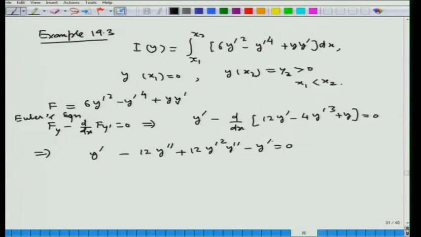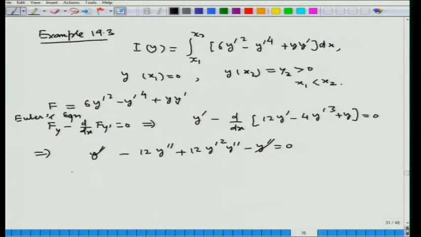So, this cancels here, and sorry, this should have been f_y minus 6 y prime here, y double prime.